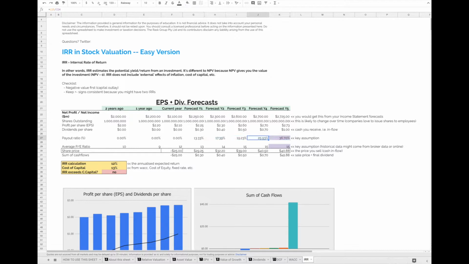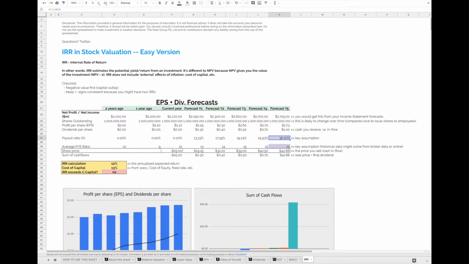Another way you could forecast what a company might pay in dividends as a percentage of profit is to look at competitors in the industry. So if you have, say, a supermarket business, you might look at other supermarkets that are mature businesses, and you might say, yes, this company is a relatively new supermarket, but I think it's going to grow.